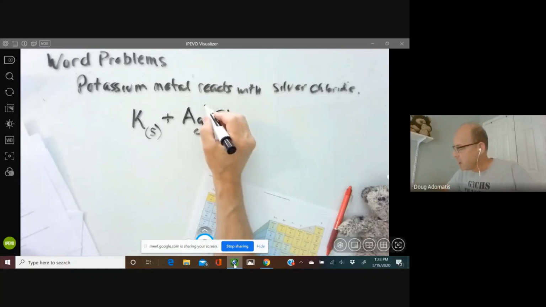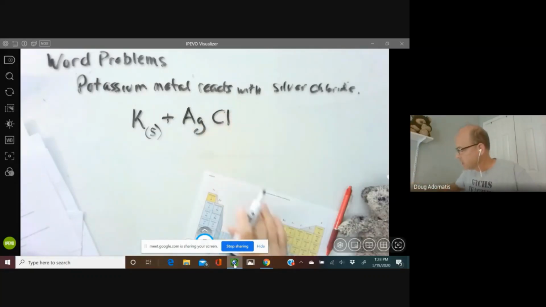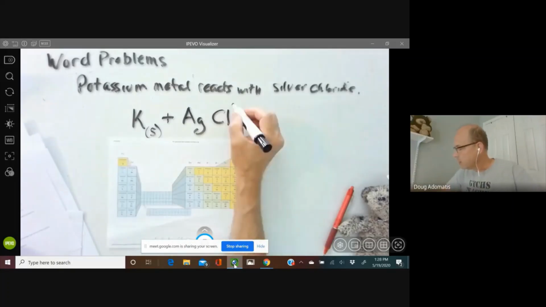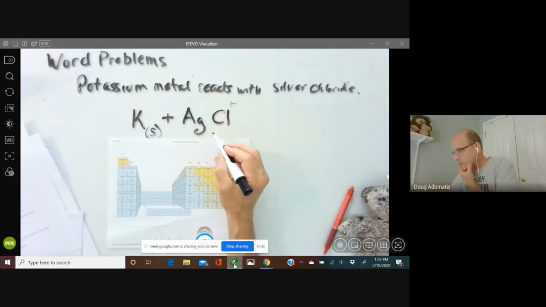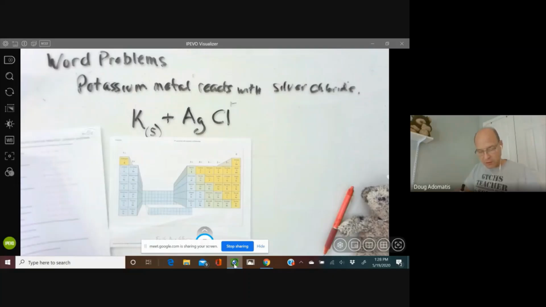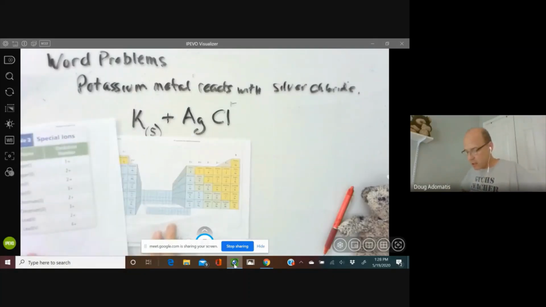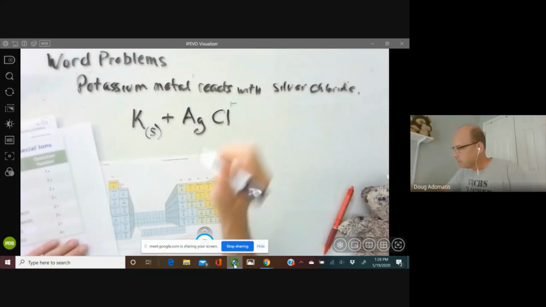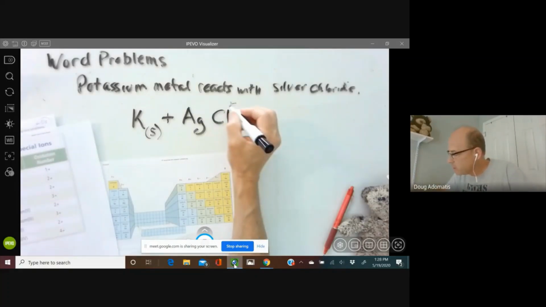You remember that you have to look up the oxidation numbers. Chlorine, we know, of course, is a -1. Silver, oh my, is silver one of our special ones? Well, it's not on our list, right? Silver has an oxidation number of a 2+.